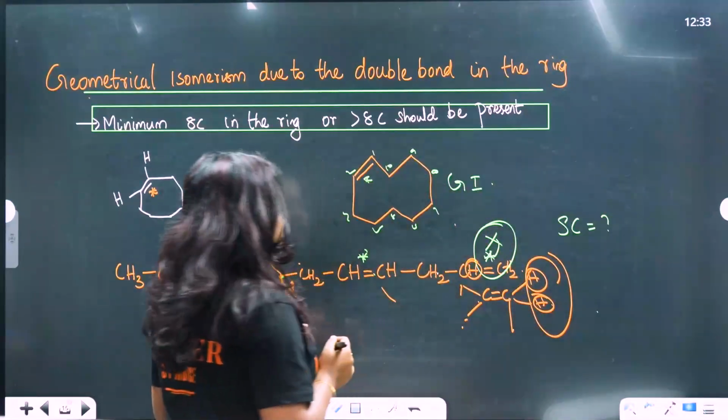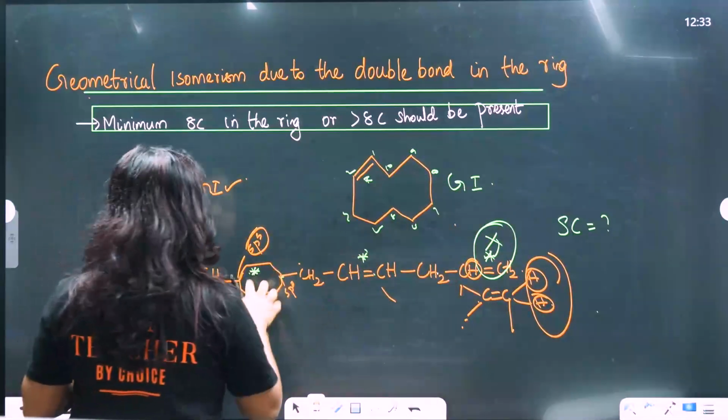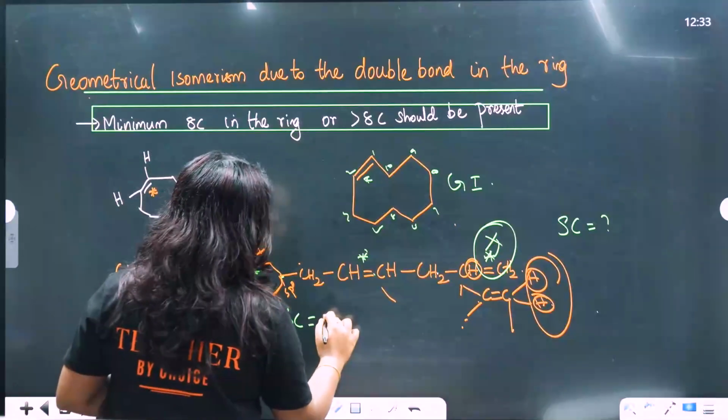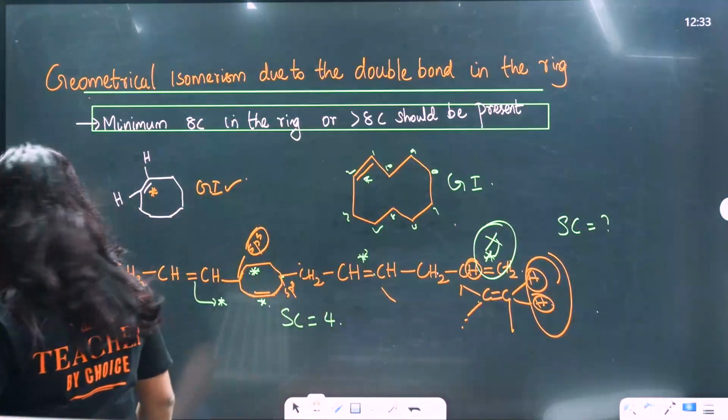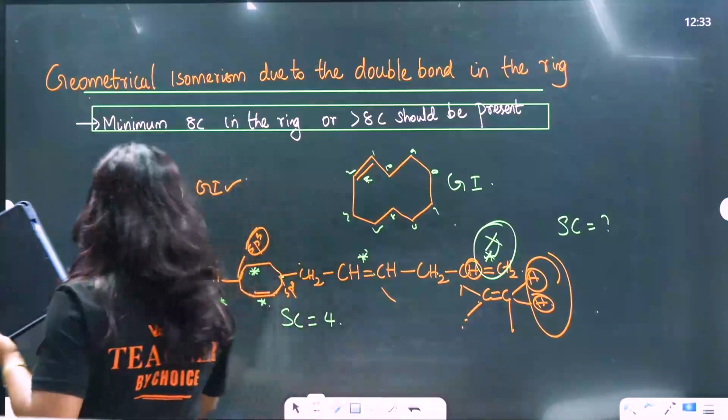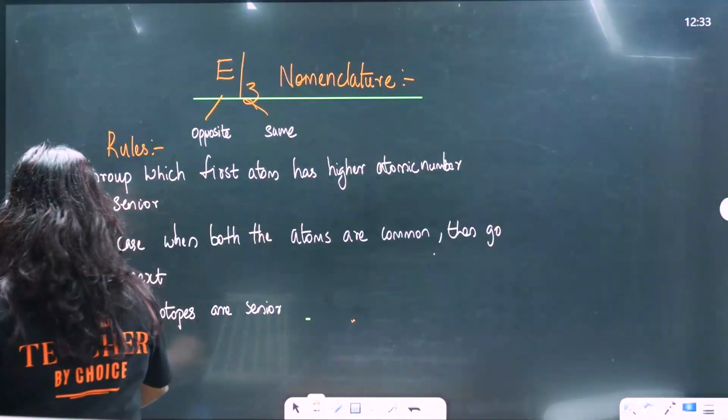So altogether, when we are calculating the stereogenic centers, 1 2 3 4, the stereogenic center number will be 4 only. Are you getting my point? Since there are similar ends or similar substitution there.